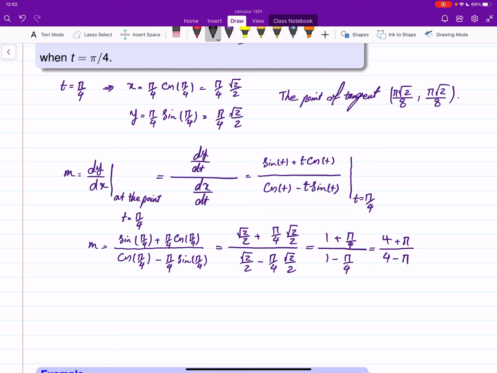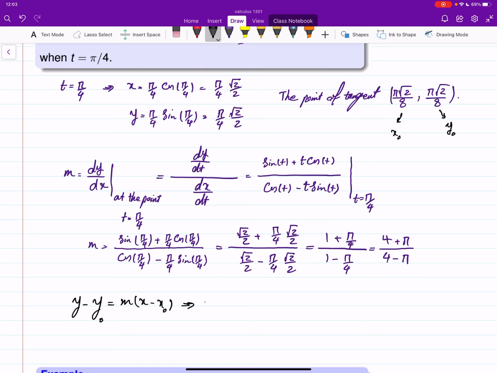Now I have a slope. Then to find the equation for the tangent line, I need to use y minus y0 equals m times x minus x0. This is x0, that's the tangent point, and this is y0.